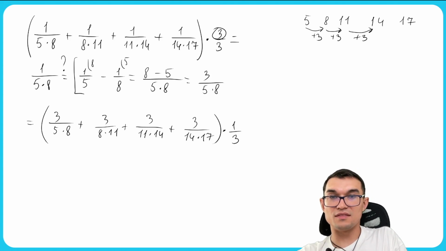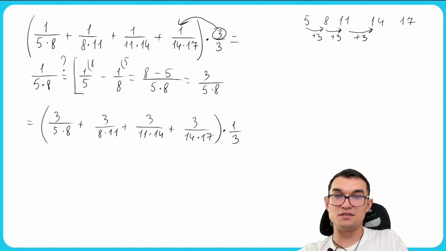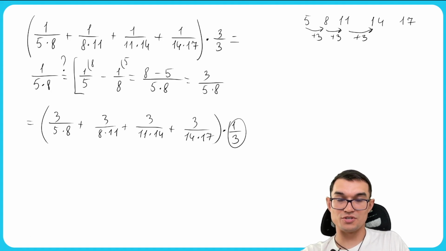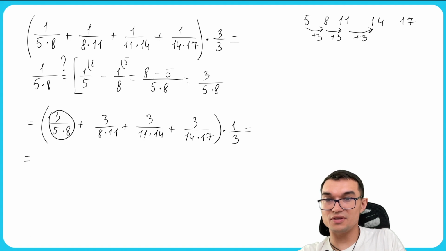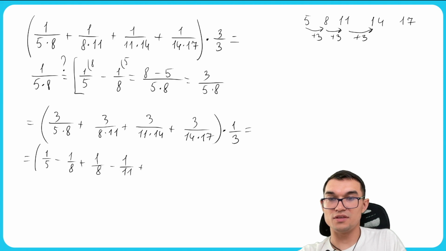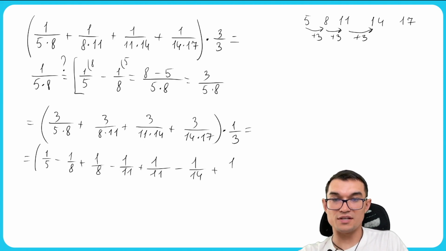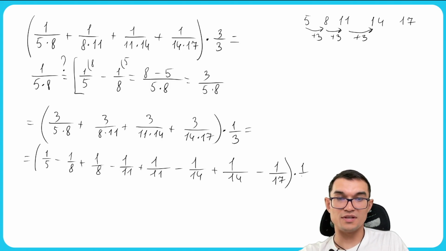So I multiplied that 3 by every fraction, and what I have left there is 1/3, which is here. And now every fraction here is a difference between two fractions. For example, this fraction is a difference between 1/5 and 1/8. So I have 1/5 minus 1/8 plus here I have 1/8 minus 1/11, because this is just a similar fraction. Here I have 1/11 minus 1/14, and here finally 1/14 minus 1/17, and this is all multiplied by 1/3.